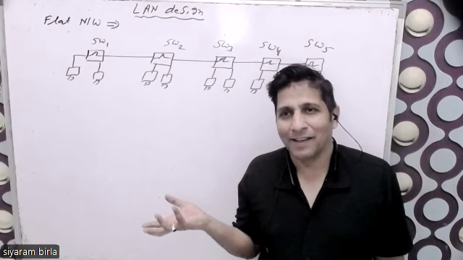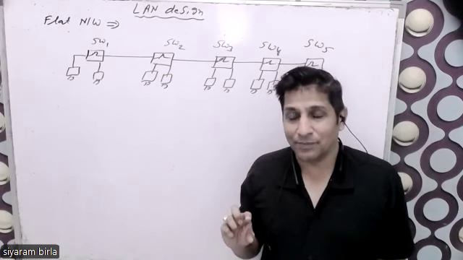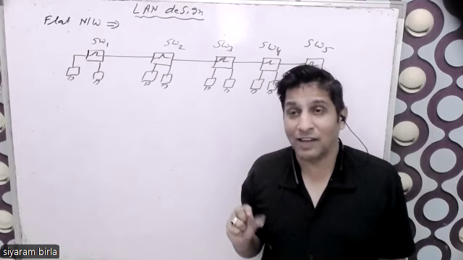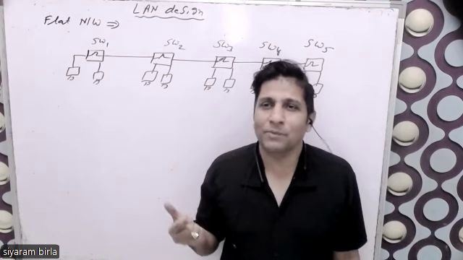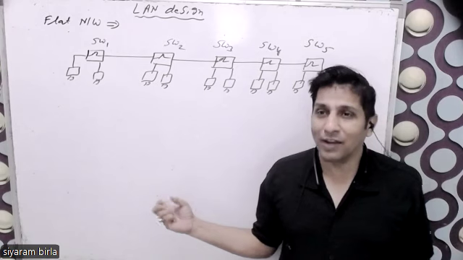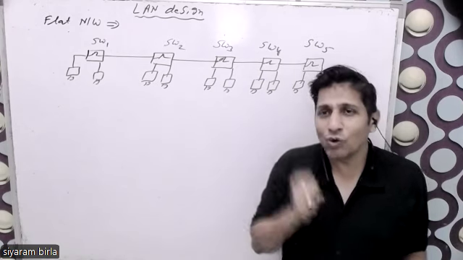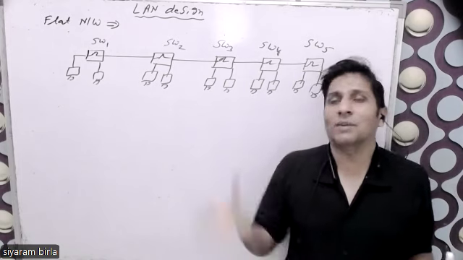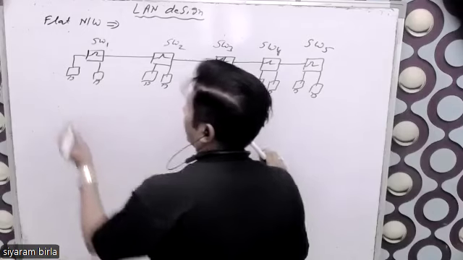Whenever the manager goes on holiday or leave, another person acts as manager, so the team's task is not impacted, because the manager is a single point of failure. Single point of failure means if one switch goes down or one link goes down, then the whole network will be down. That is called a single point of failure.